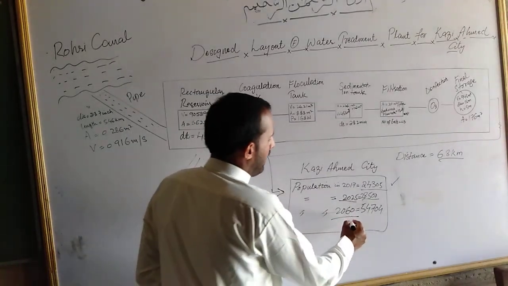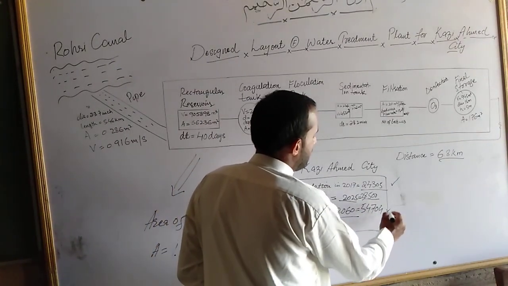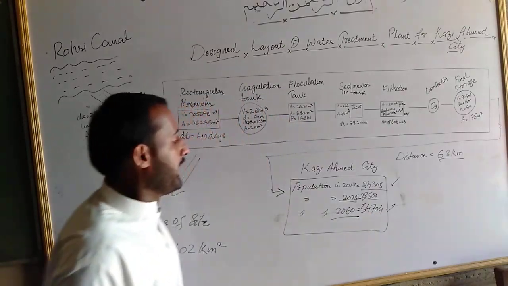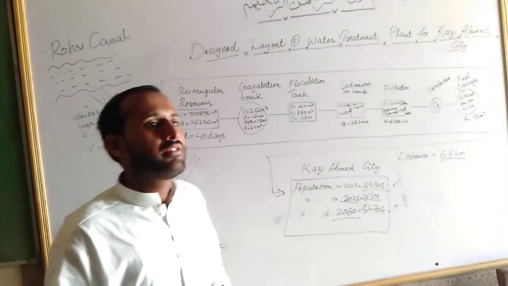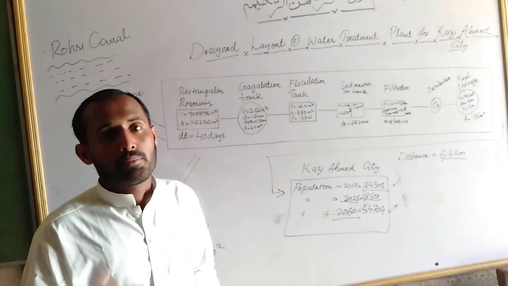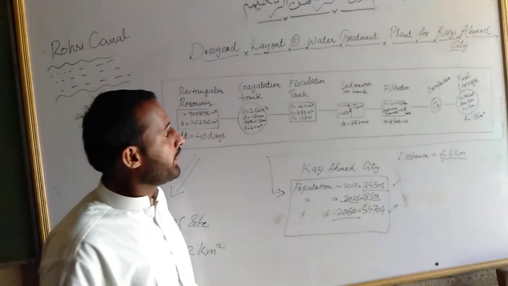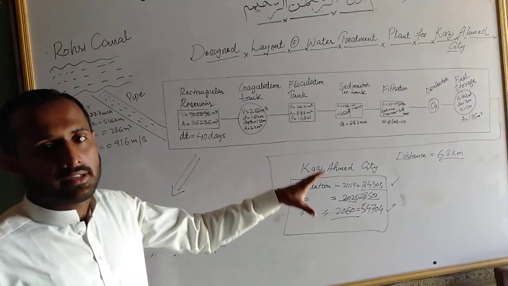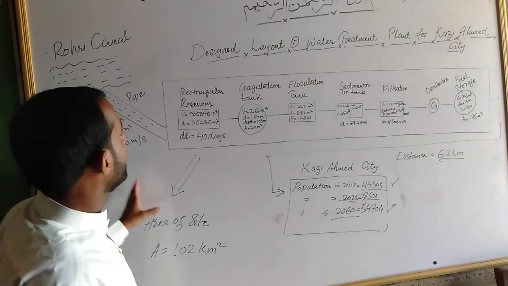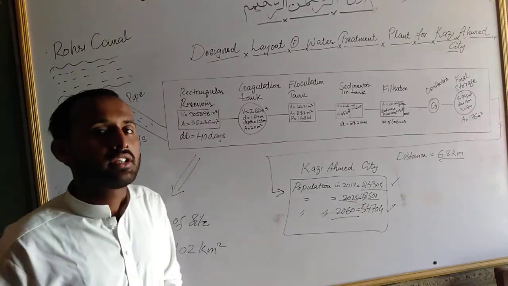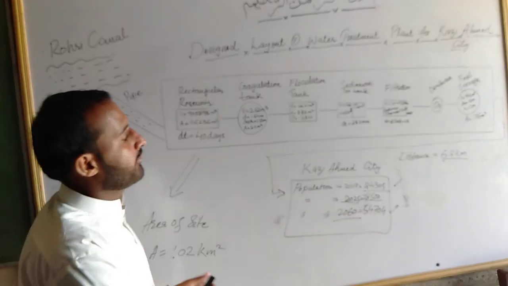So this is our final population. By keeping this population in mind, and by finding out the demand per person per day, we have calculated, and all our treatment units are designed on the basis of that, and this is the overall layout which is designed for the city of Kazima.